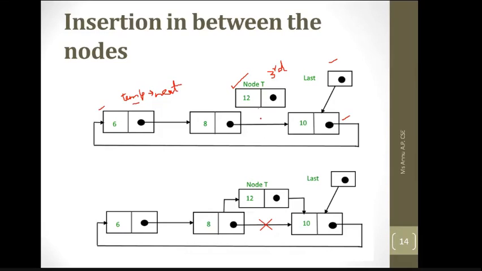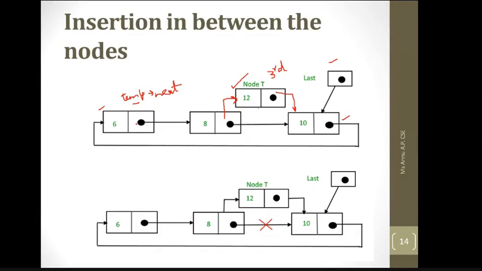And once you are at the given position, you just have to change the pointers accordingly. First you need to assign 12 next is 8 next, and once you have 12 next as 10, you can change this pointer as 8 next. That's it. We have already discussed this kind of insertion before. It is similar to singly linked list insertion at a specific position.